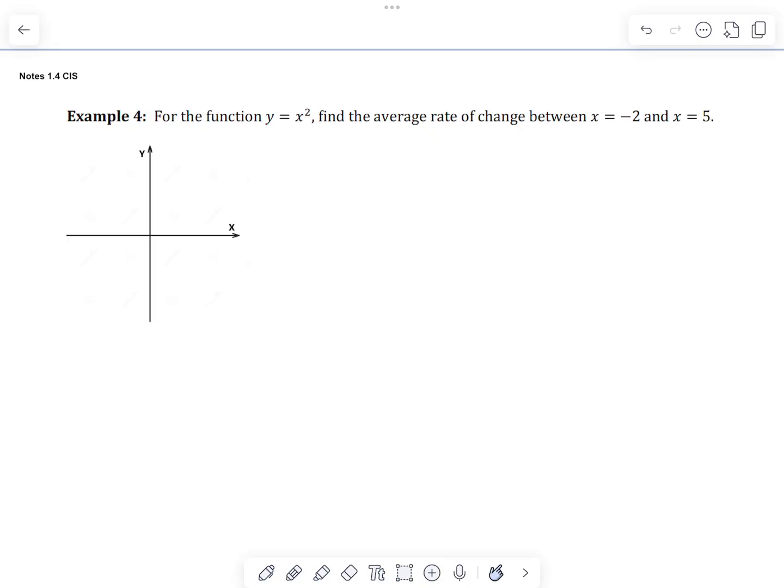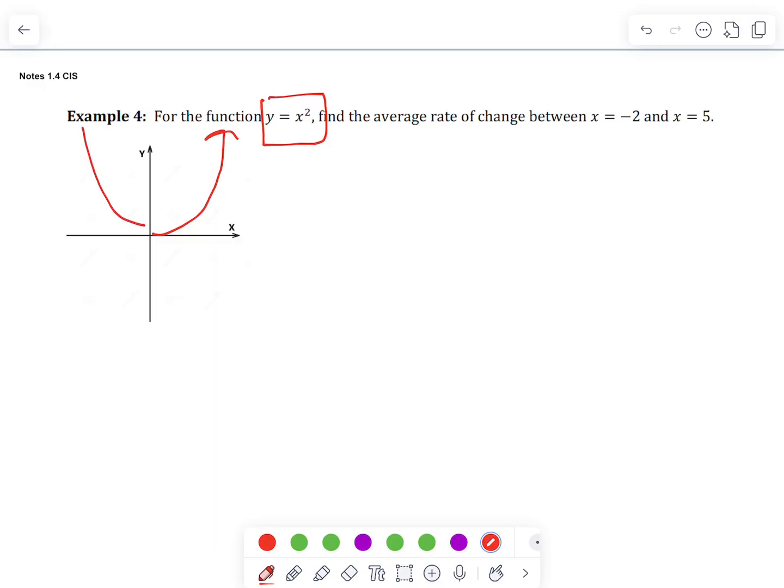Write the function y equals x squared, and we want to find the average rate of change between -2 and 5. So our function is our parabola. So that's our parent function, looks like this. There's our parent function. That's y equals x squared. And we want to find the average rate of change.